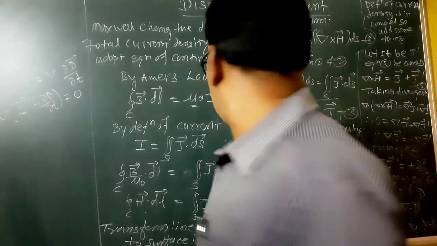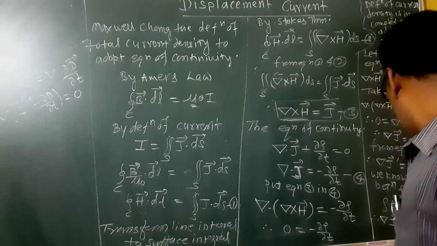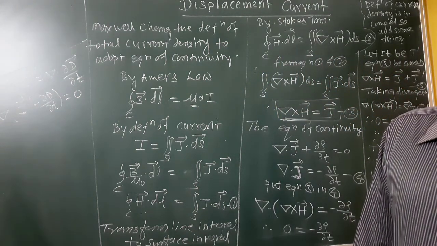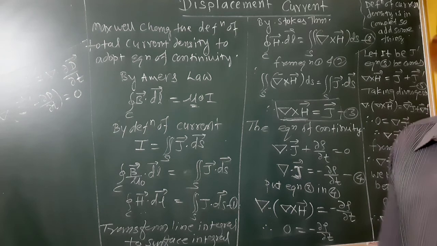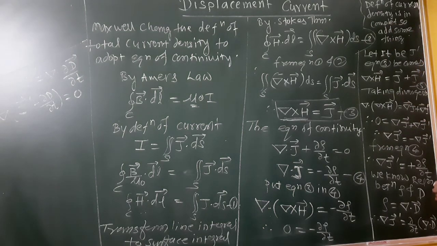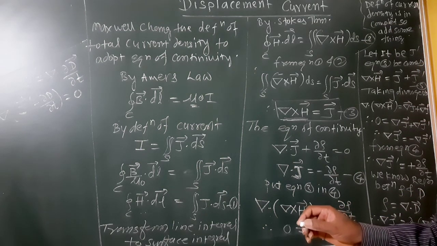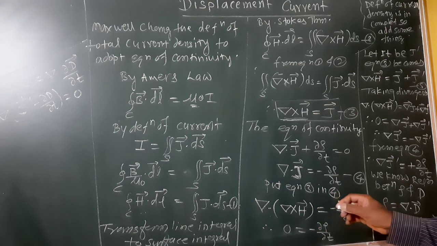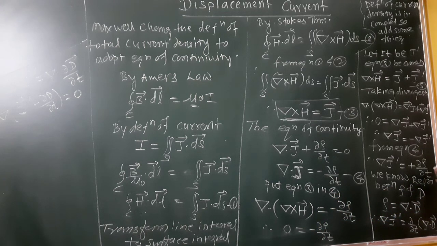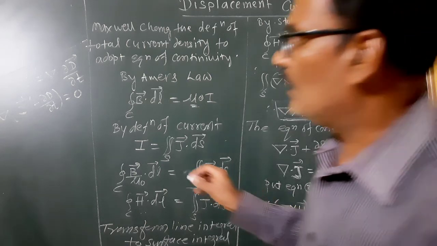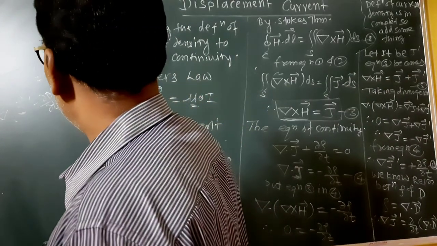Since this is equation number 5, 4, and this one is number 6, we have divergence of J bar dash is equal to rho. This is equation 6. This one is equation number 7.